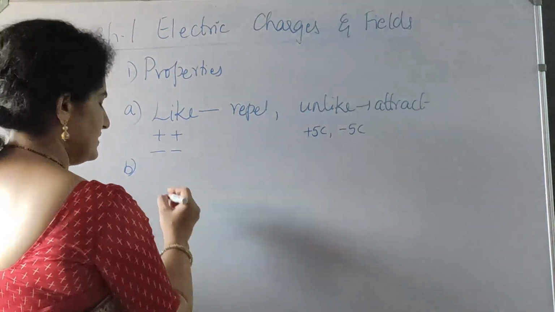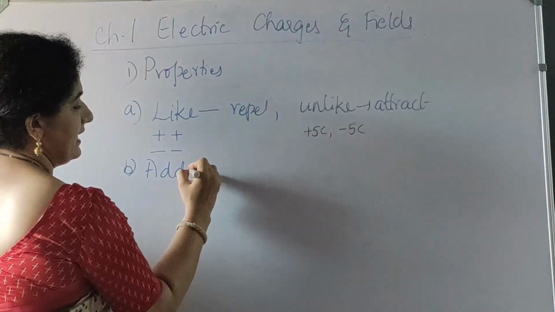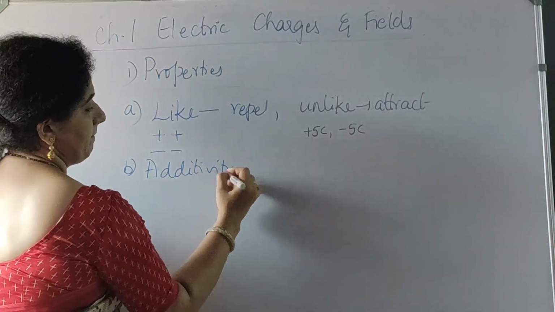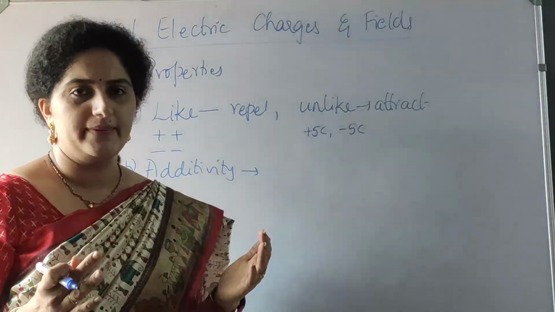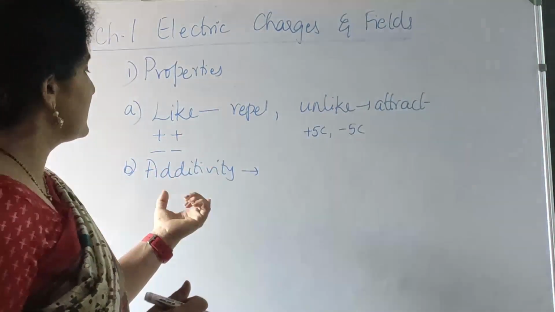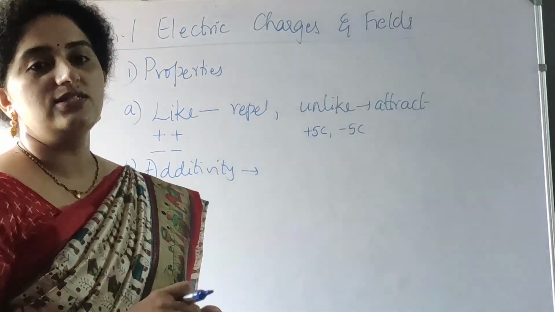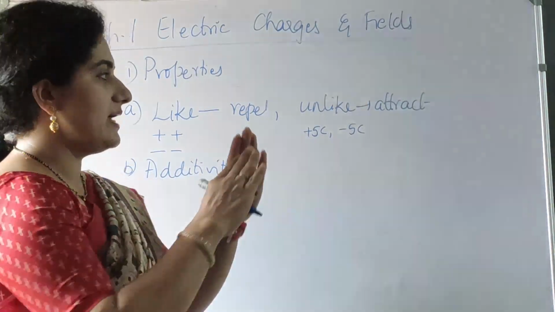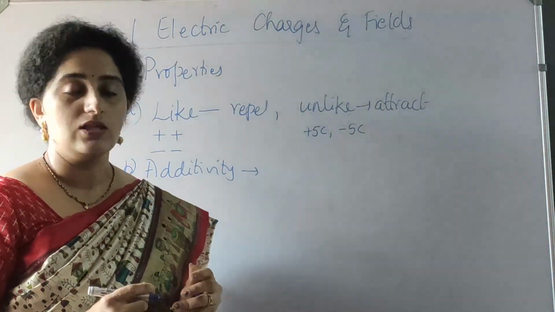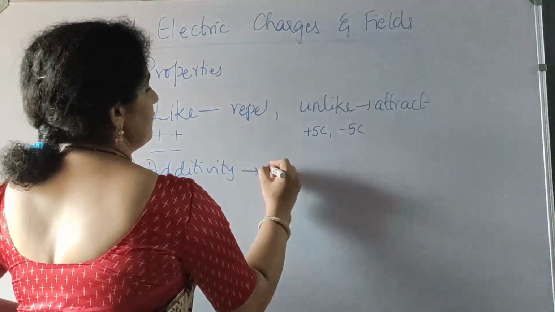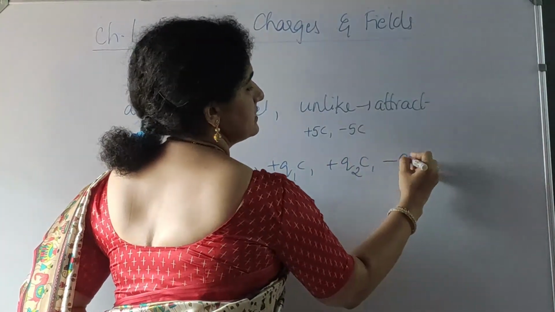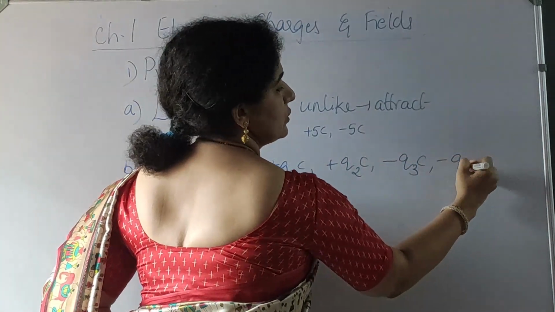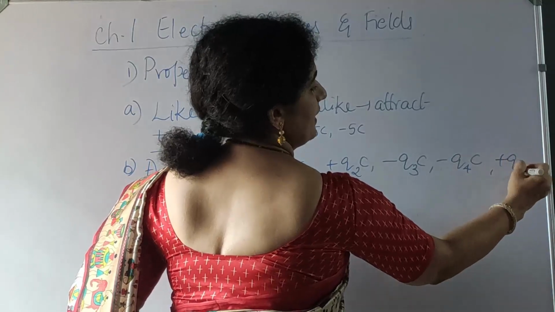The second property, which is also simple, is the additivity nature of charges. That means just as you add whole numbers or natural numbers, in the same way we add the charges present in the system so that we get the total charge present in the whole entity. Suppose I have plus Q1 Coulomb, plus Q2 Coulomb, minus Q3 Coulomb, minus Q4 Coulomb, plus Q5 Coulomb.